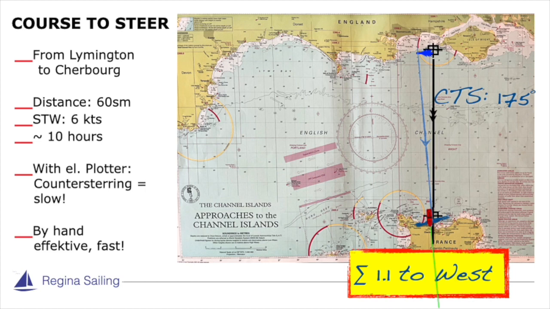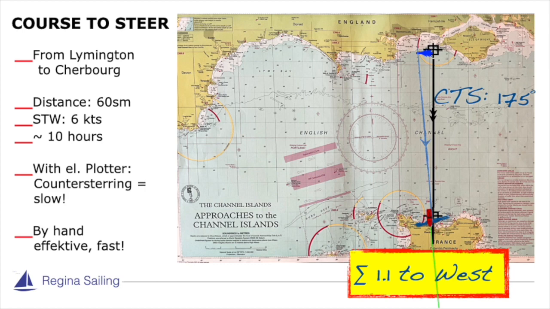But our propulsion is maximized towards France, and we sail the shortest time. So here you can see that it makes a lot of sense to do this by hand. It does actually also help, a little tip here, that you consider the current that you will encounter coming to Cherbourg.